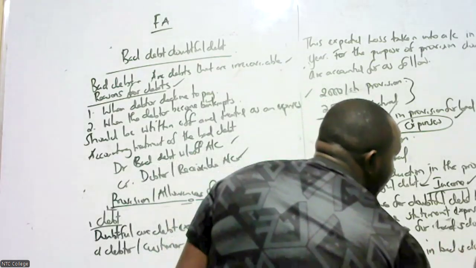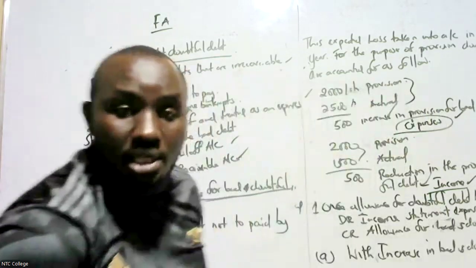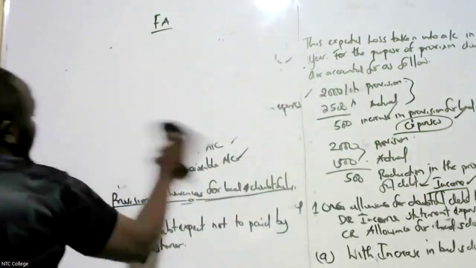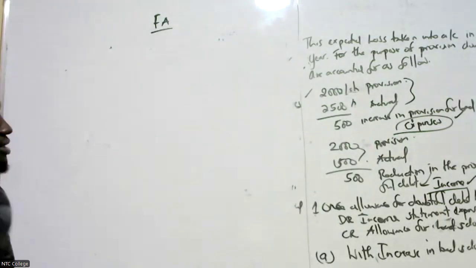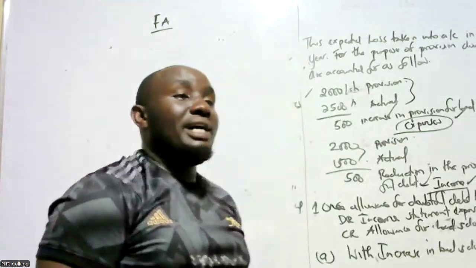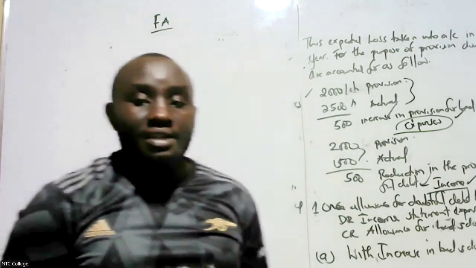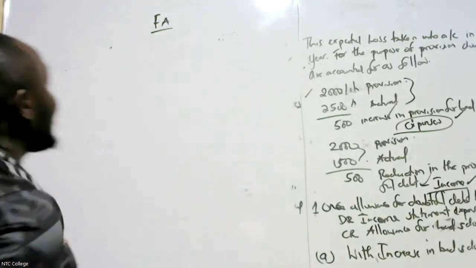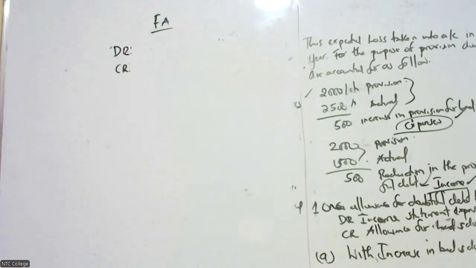What did you say when you have an increase in bad and doubtful debt? Somebody just remember. We treat it as an expense. So what are we going to debit, and what do we credit, if it's an expense?